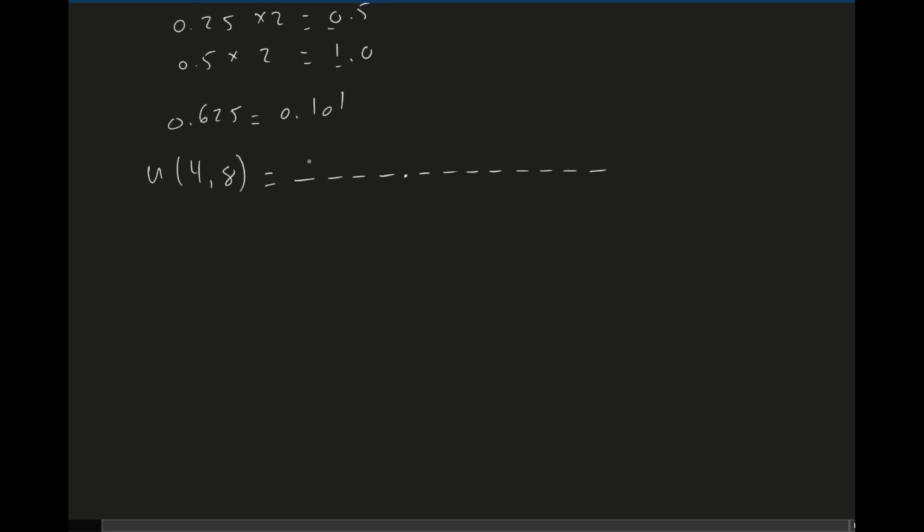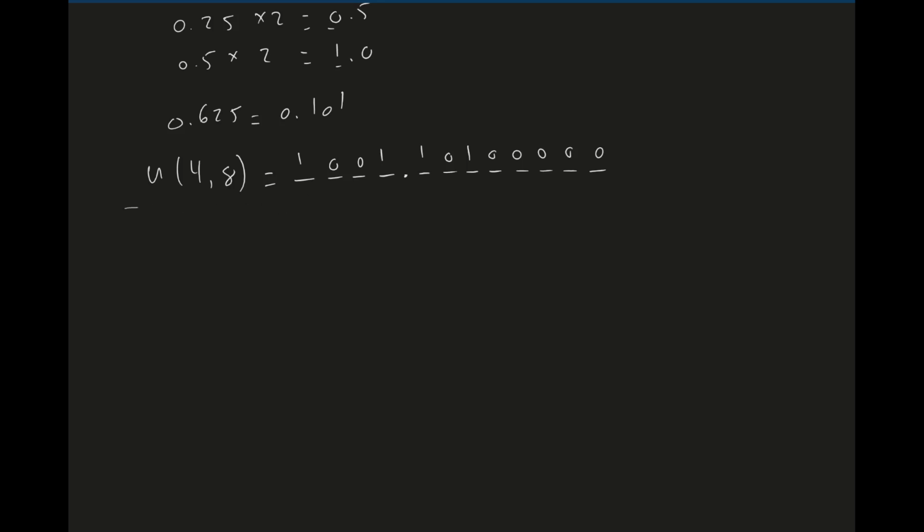So the 9 was 1001, and then the fraction was 101. And obviously the remaining bits to the right are all 0. So 0, 0, 0, 0, 0. And this number is 9.625 in fixed point representation as unsigned 4, 8.